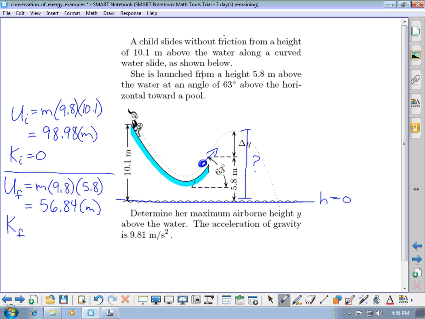And the kinetic energy at the end of the water slide, we could solve for that kinetic energy and then use 1/2 mv squared because we need the speed. But for this, since I know that I want the speed, I'm just going to substitute in 1/2 times her mass times the speed squared. And I'm going to be able to solve for that speed directly.